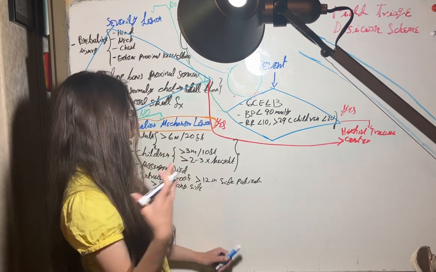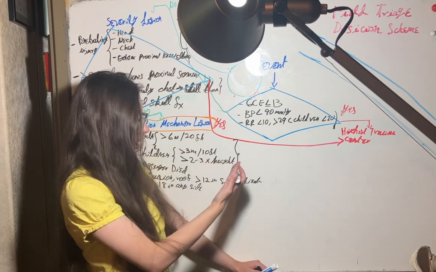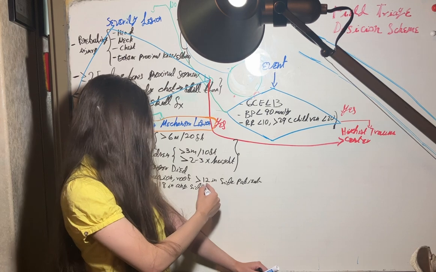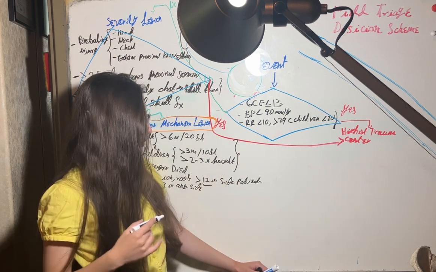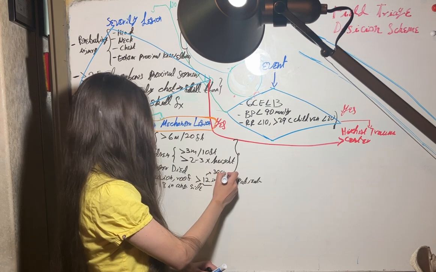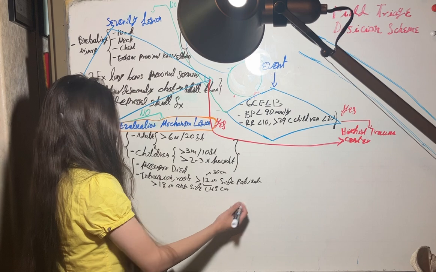This could be lateral to the side of the patient, this could be behind the patient, or this could be on the side of other passengers that are not the patient. 12 inches correspond to 30 centimeters, 18 inches correspond to 45 centimeters.